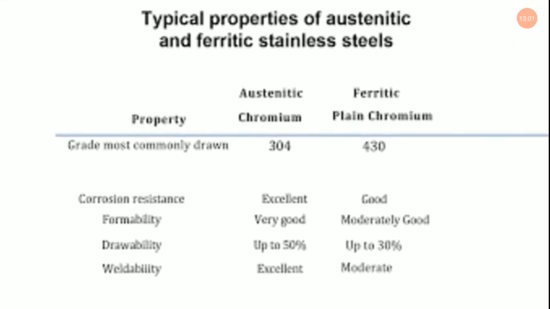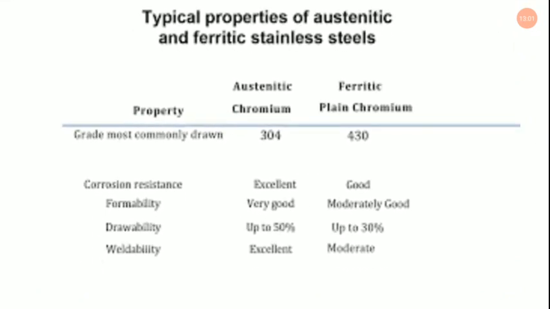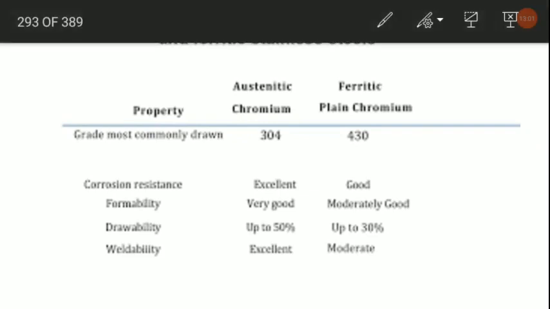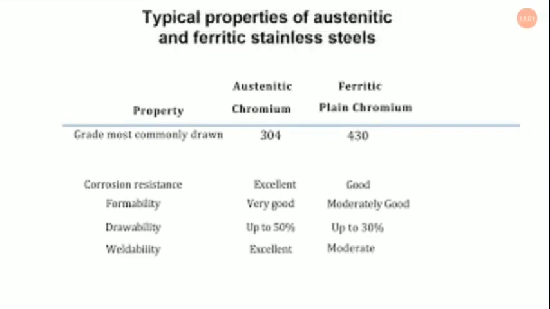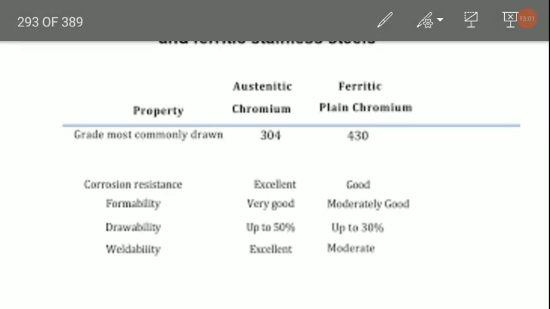Let us discuss some typical properties of austenitic and ferritic stainless steels. The most commonly used grade of austenitic chromium-nickel is 304, whereas for ferritic plain chromium it is 430.